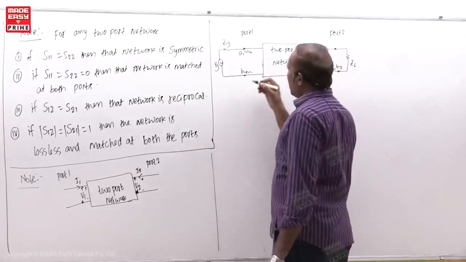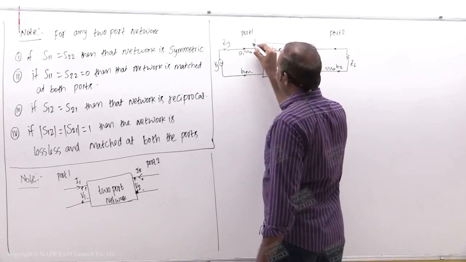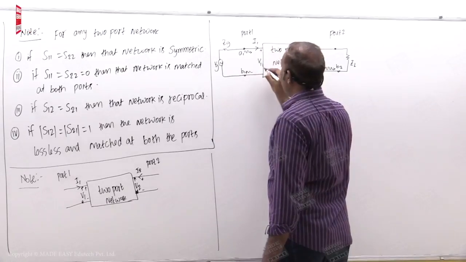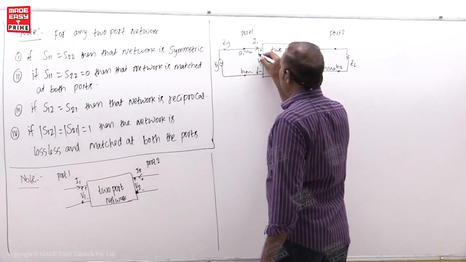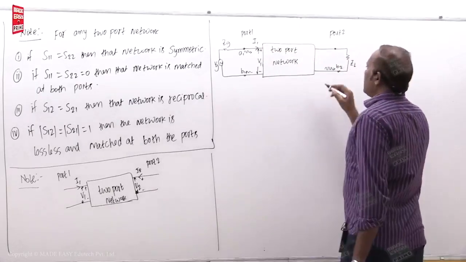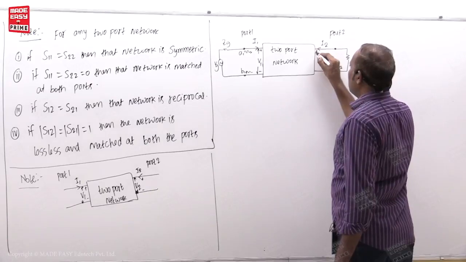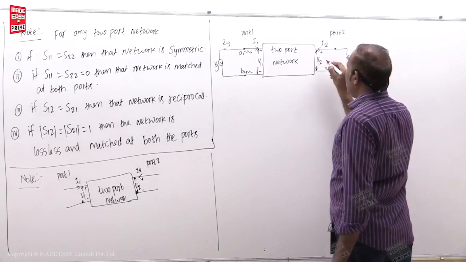Now here, if I represent like this, this is I1 and this one is V1, plus minus, and similarly this is I2 and this is V2, plus minus.